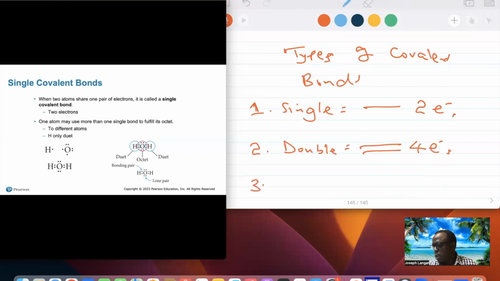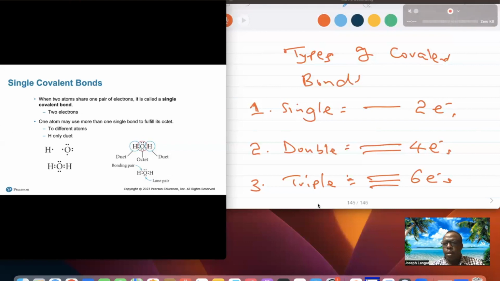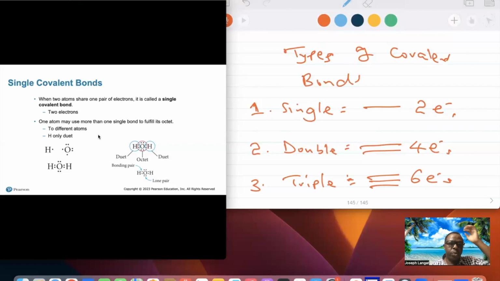And then the triple bond, which is 3 lines, and these have 6 electrons. You need to remember the number of electrons and pairs for single, double, and triple bonds. A single bond is represented by only one line. When 2 atoms share 1 pair, a pair has 2 electrons, we call this a single covalent bond.